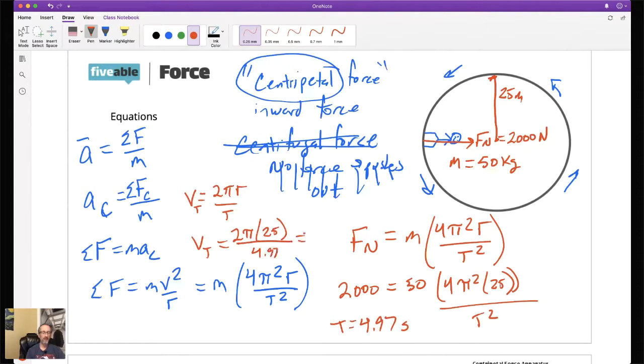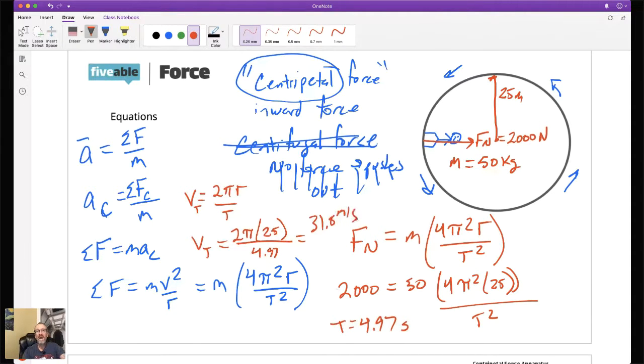Let's find out what that is in meters per second. So we're going to take 2 times 3.14. Ooh, Zach is on it. 31.6 times 25. We're going to divide that by approximately 5, 4.97. And yep, that's what I got. I got about 31.8 or so meters per second. So this is 31.8 meters per second.